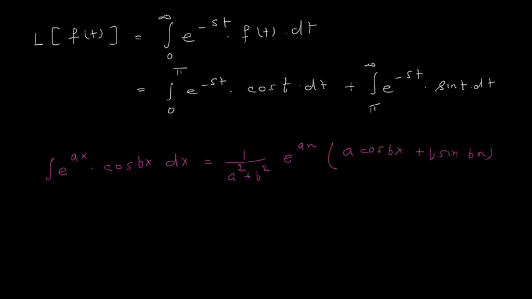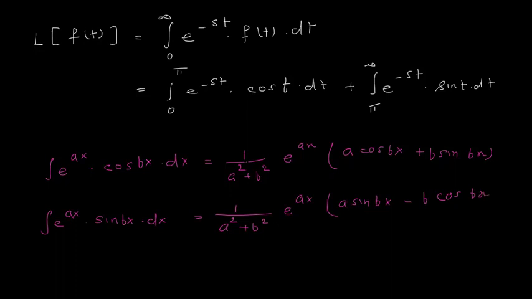So instead of doing any derivation, you can use this formula. Similarly, e raised to ax into sin bx dx, we can use formula 1 upon a square plus b square into e power ax. Here inside the bracket we have a sin bx minus b cos bx. Okay, so we implement this formula and we will get the solution.